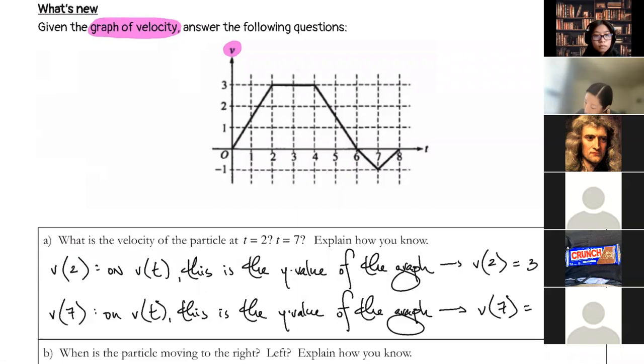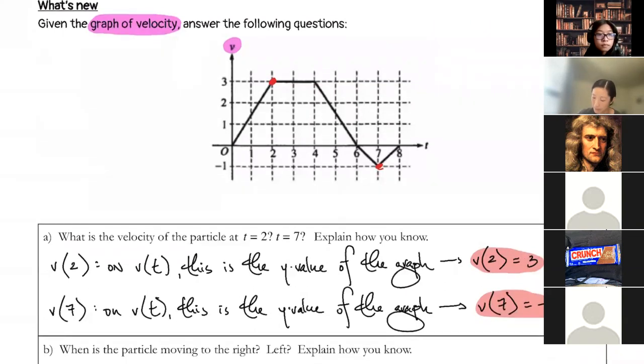Exactly, very nice. So we've got a y value of -1, okay? And so let's see, maybe we do this. And so v of 2 is 3 and v of 7 is -1, okay?